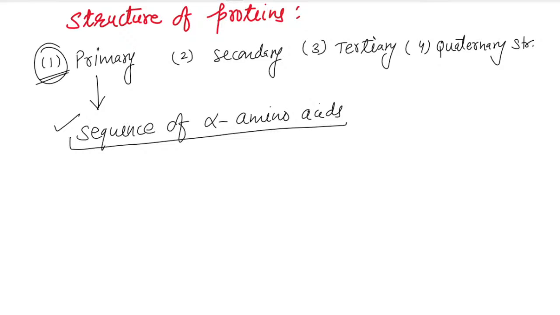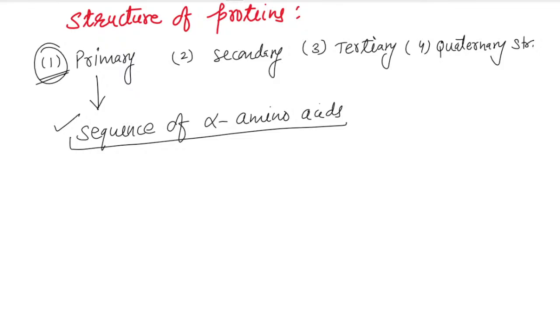The sequence of amino acids creates a different protein. So primary structure refers to the covalent structure, which includes even disulfide bridges of each polypeptide chain. Got it?